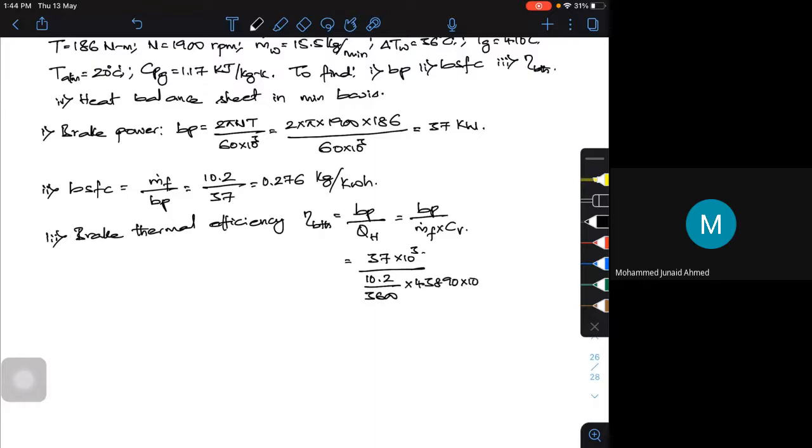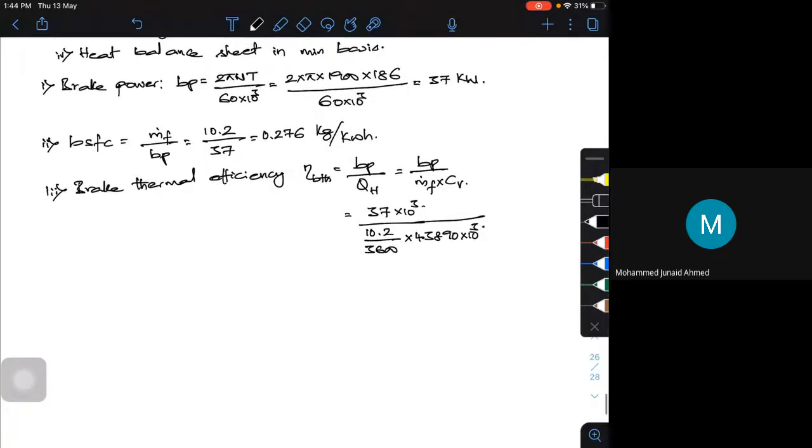Either you can write 10 to the power of 3 in the numerator and denominator, or you need not write it, they just cancel out. If I do this, I am getting the brake thermal efficiency as 0.2975, that is 29.75 percent. So all the three quantities they've asked, brake power, brake specific fuel consumption and brake thermal efficiency, are done.